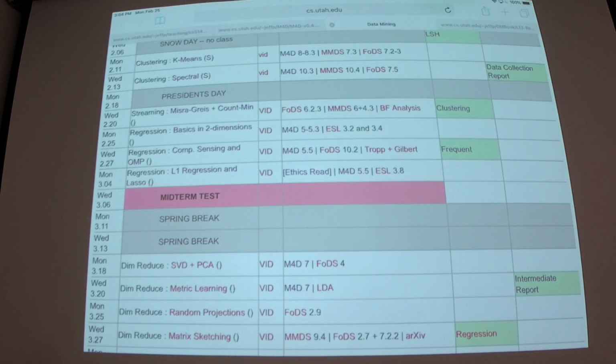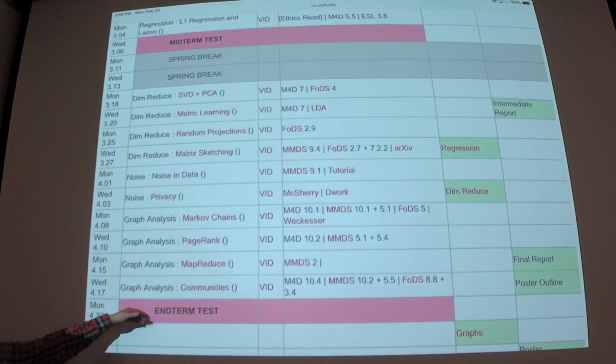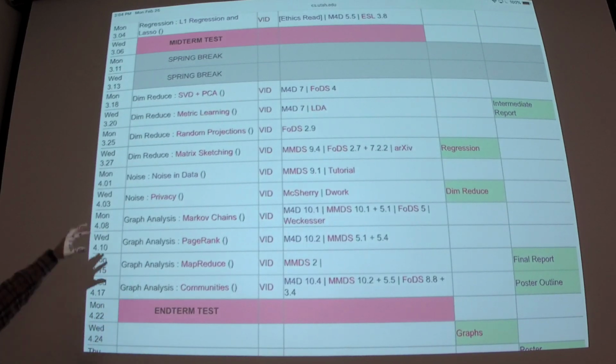It's going to cover topics up through everything, including last week, but not starting today. Starting today will be the main focus of the final exam, the end-term test. This test might ask stuff before the midterm as well, but it'll mainly focus on stuff starting today.